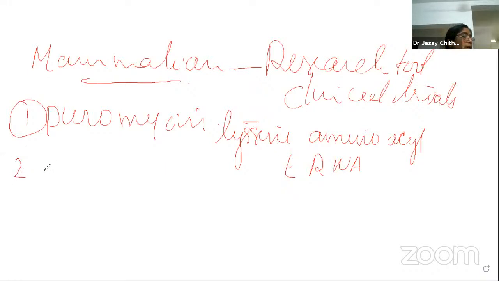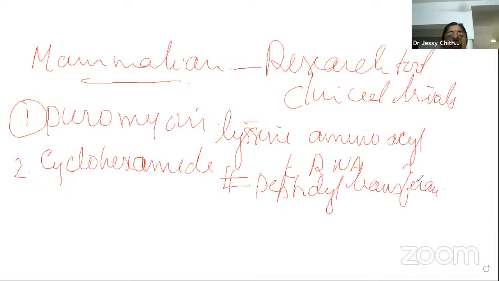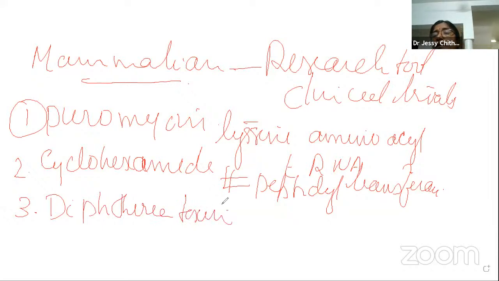The next one is cycloheximide. It inhibits peptidyl transferase of eukaryotes. Next is diphtheria toxin. It is a toxin from the bacterium Corynebacterium diphtheriae, usually seen in the respiratory tract of infected patients.